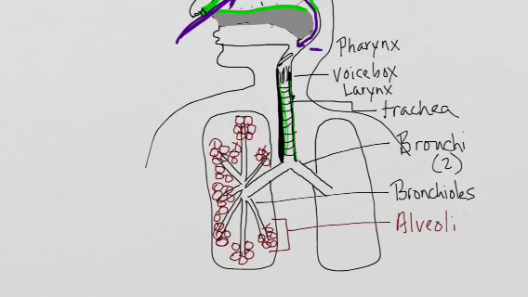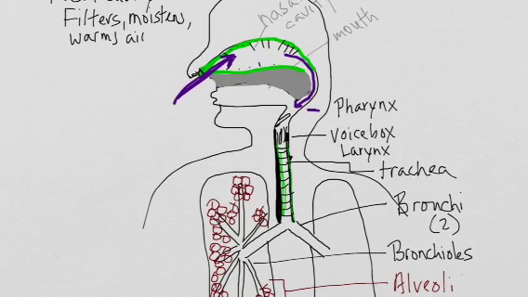Now, going back to my passage of air, if we look up at the top, the air comes into the nasal cavity, where it gets filtered. It then goes down to the back of the pharynx, where it merges with the throat, and then once it passes the epiglottis, which is naturally open, it passes through the larynx.